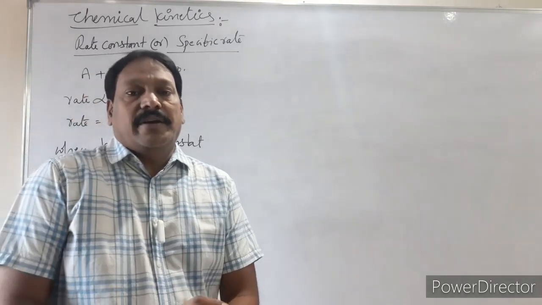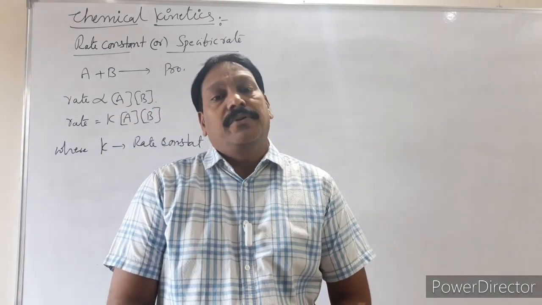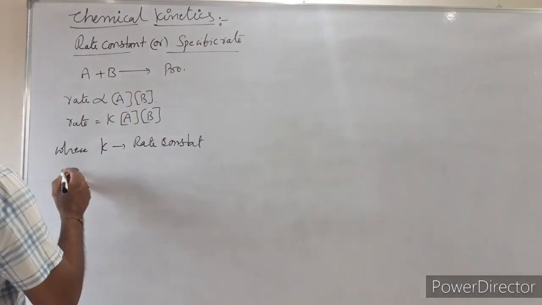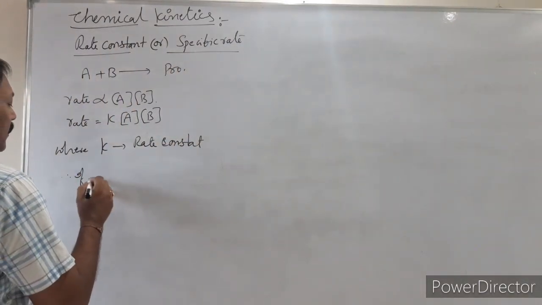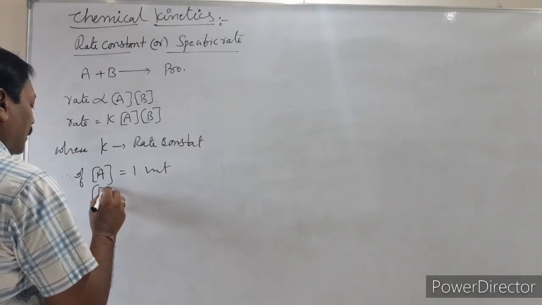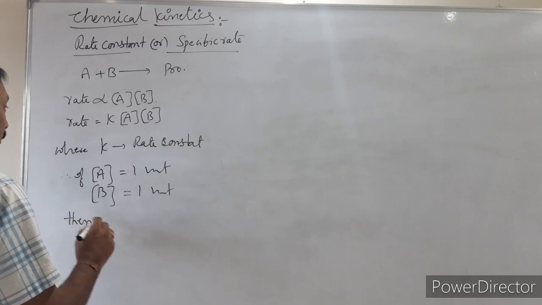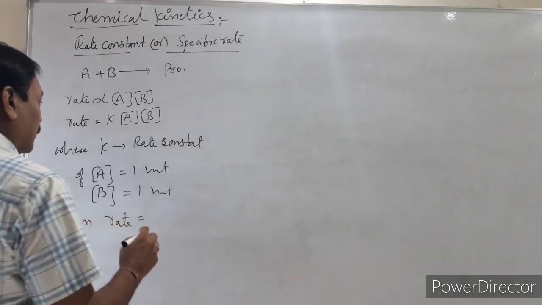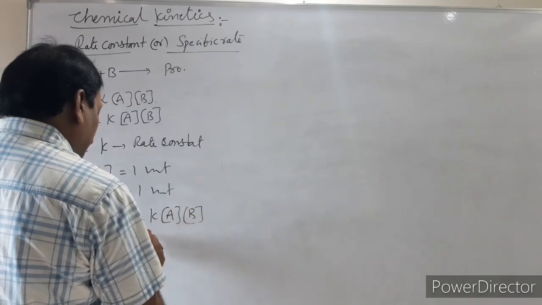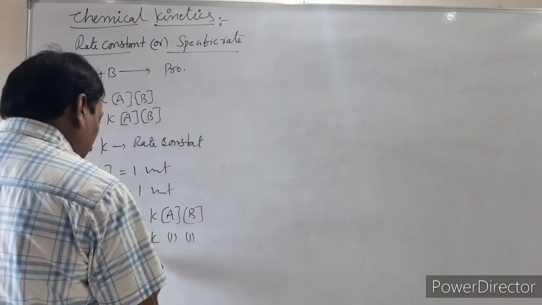Rate constant is defined as the rate of reaction of unit concentration of all the reactants. Therefore, if concentration of A is equal to 1 unit and concentration of B is also 1 unit, then rate is equal to K into concentration of A into concentration of B. Therefore, rate is equal to K into 1 into 1.